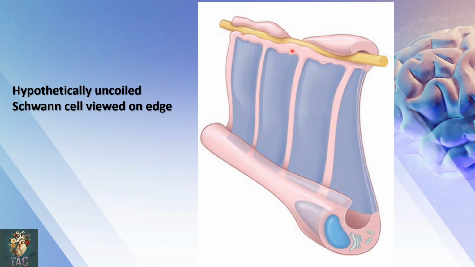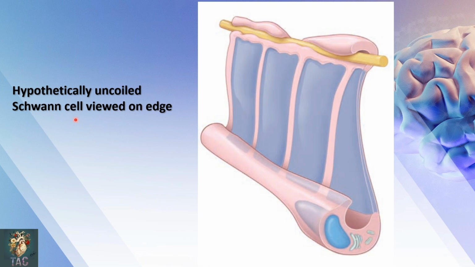This area is the inner collar of the cytoplasm which is present close to the axon. These areas of the cytoplasm which are present in between the wrapping of the myelin sheath are called the Schmidt-Lantermann clefts, and this is the outer collar of the Schwann cell cytoplasm where you can see the nucleus as well as subcellular organelles of the Schwann cell.